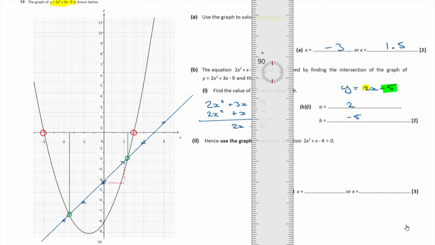So reading that one off, that one looks like 1.2 to me. So I've got 1.2, the one on the right, and the other one looks like minus 1.7, I'd say. Minus 1.7.